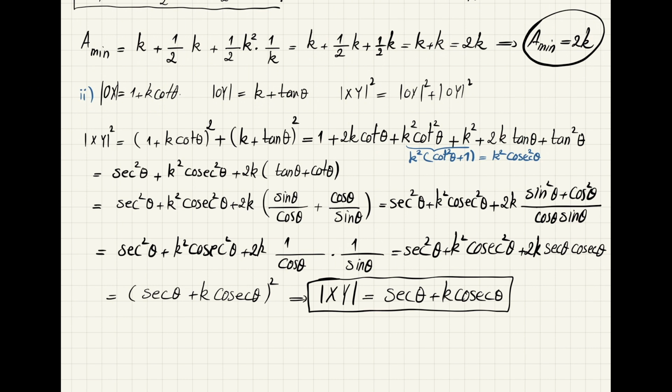Okay, now the parameter L is OX plus OY plus XY. Yes, so this is simple to write now. So this is OX, which is 1 plus k cotangent of theta, plus k plus tangent of theta, plus secant of theta plus k cosecant of theta. Yes, but to make the formula exactly look like what is given in the problem, let us look back.